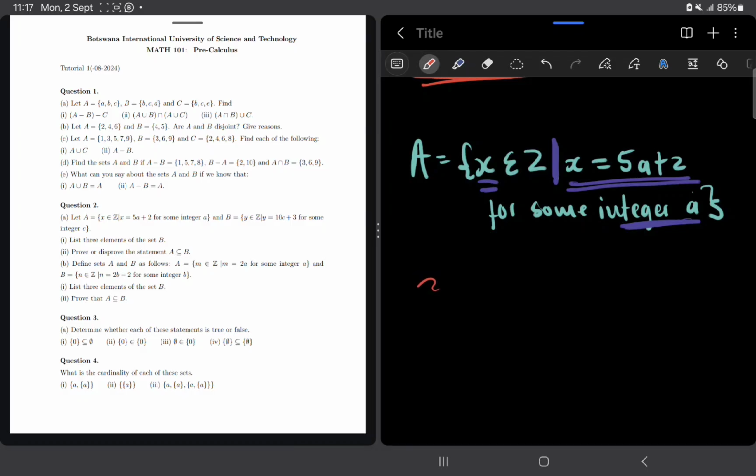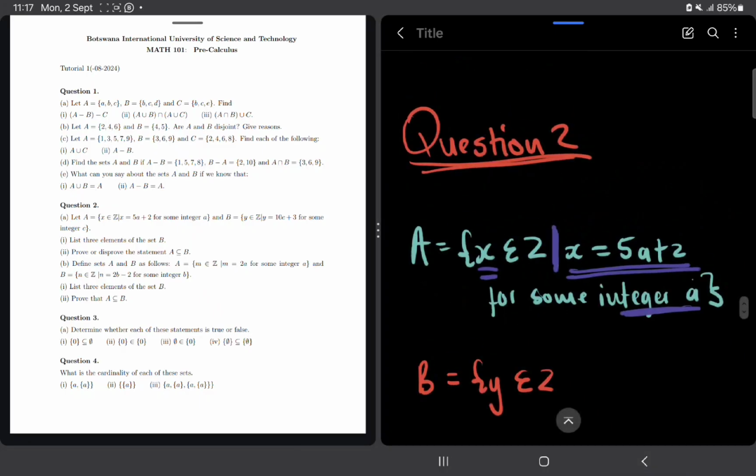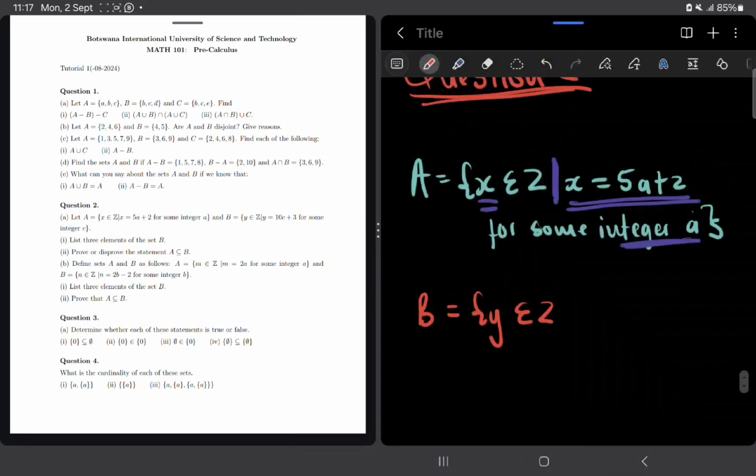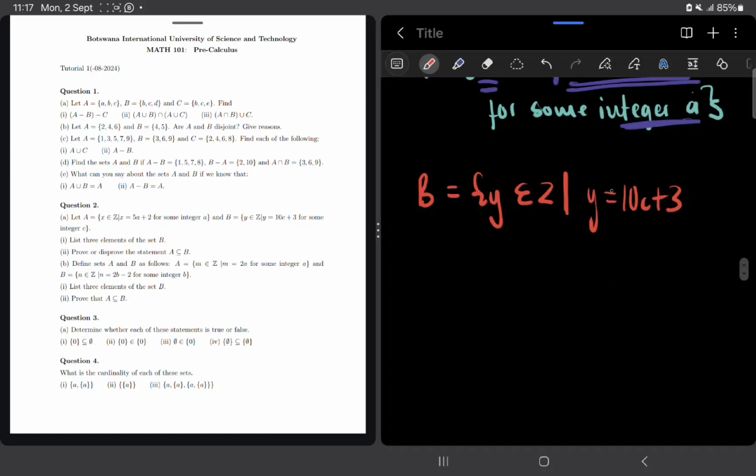Now, what about set B? Set B is going to be represented by Y. So set B is all the Y's which will be integers, such that Y is equal to 10c plus 3. They will be the solutions of putting some integer c in this equation, 10c plus 3.